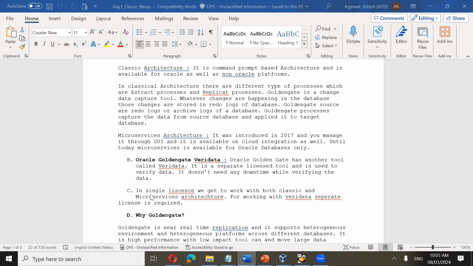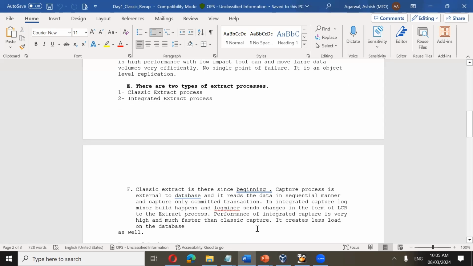Okay. Now, why Goldengate? Goldengate is a near real-time data replication tool which supports heterogeneous and homogeneous platforms and databases as well. It is a high performance, low impact tool and it can move large volumes of data very efficiently. Now, there are two types of extract process, classic and integrated.